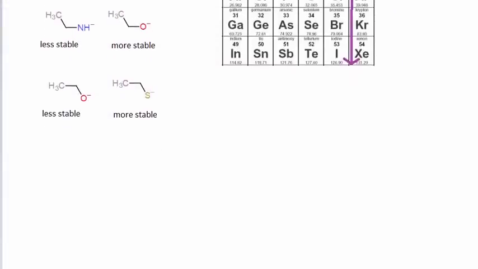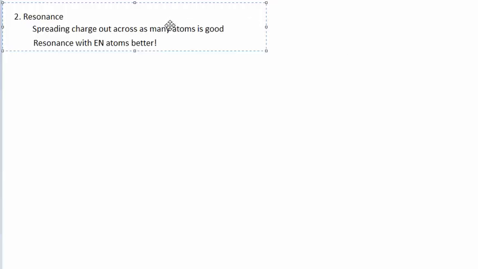Okay, so the next factor that matters is one that matters across the board in a lot of places in organic chemistry, and you've probably guessed it, it is resonance. So the reason why resonance is so good is again, it's this idea of delocalization.